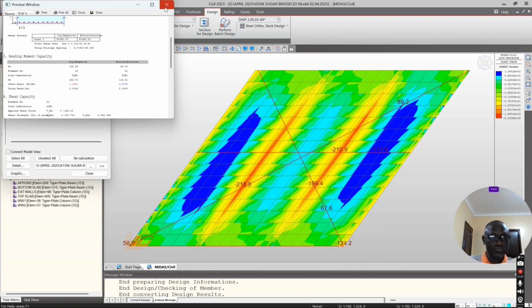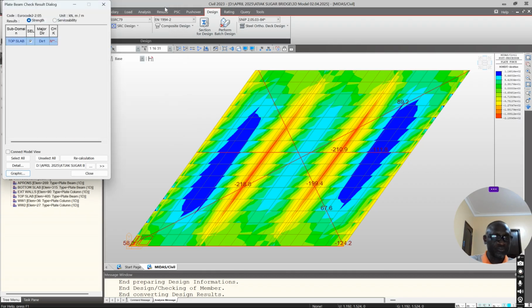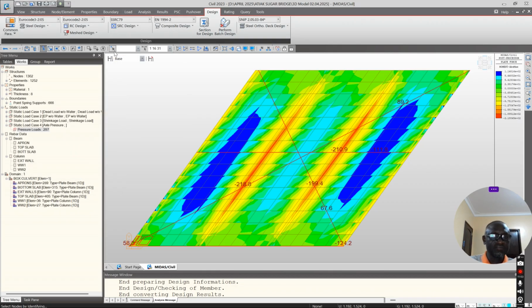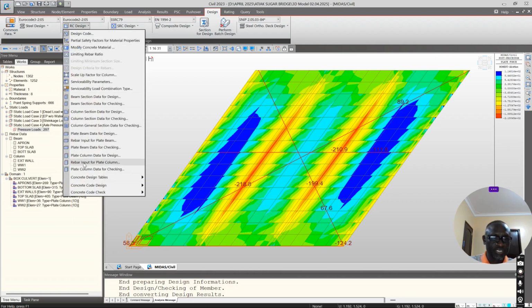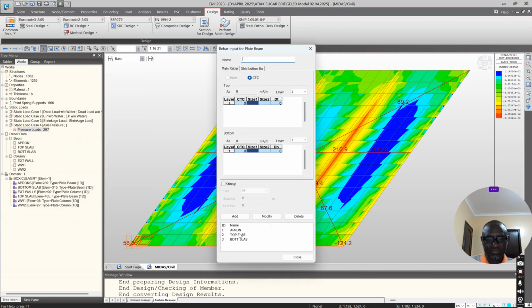So what do we do? We go back to I can do 12 at 150. So when I do 12 at 150, it might resolve the issue, and therefore you can easily handle corner bars. So I find here I do a 0.15 and I do a 0.15.